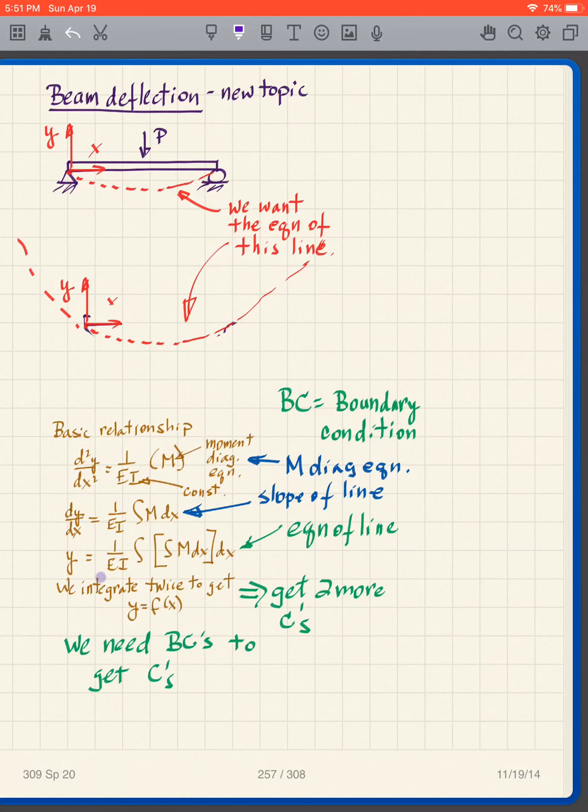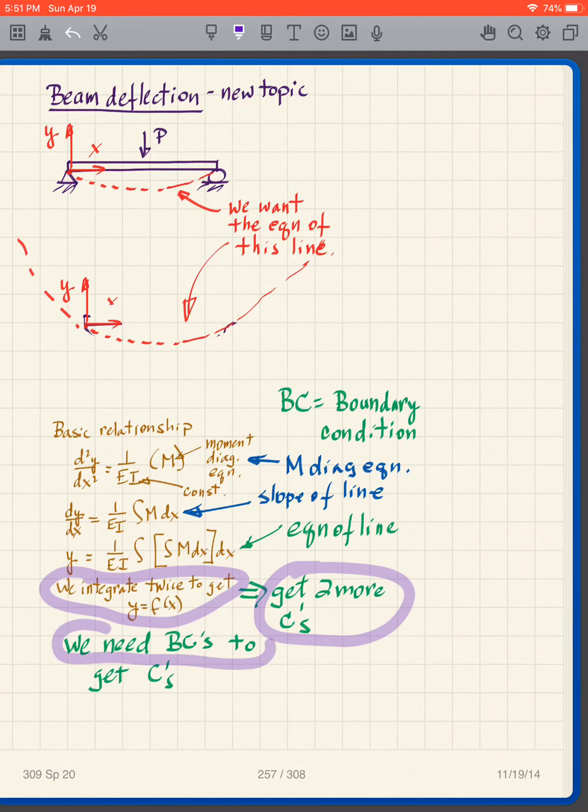Now, when we integrate twice to get our y, what does that mean? We're going to get 2 more constants, and we're going to need to use the boundary conditions to get the constants.